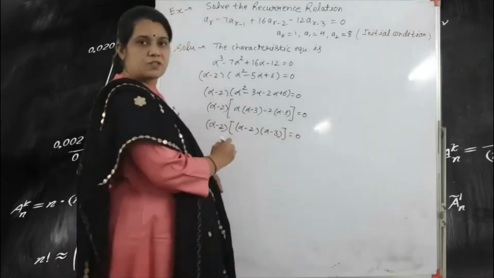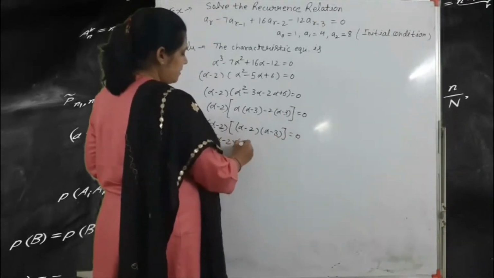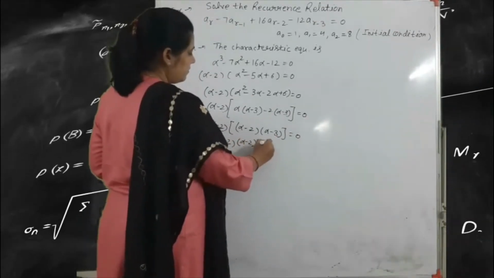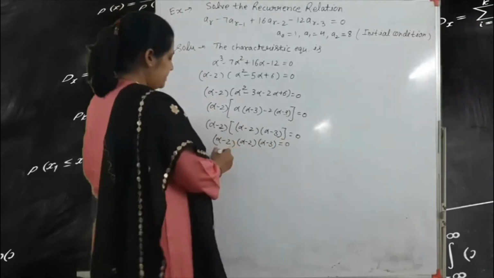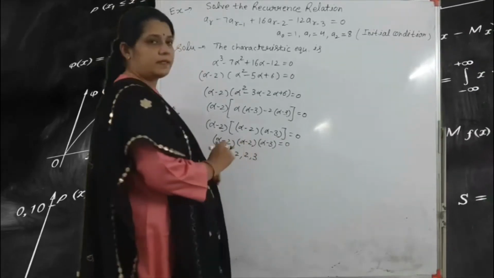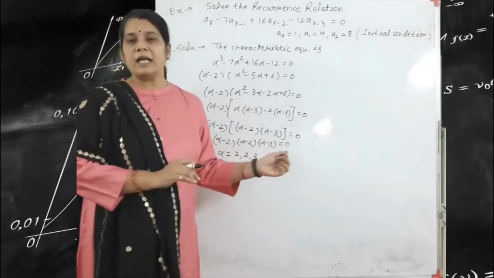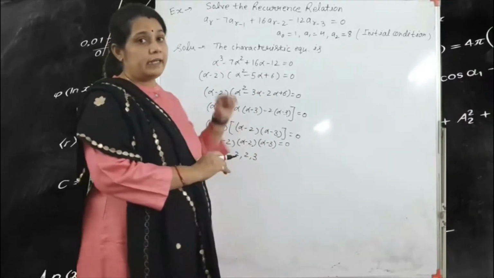That means we have the 3 factors: alpha minus 2, alpha minus 2 and alpha minus 3 is equal to 0. That means the roots are alpha equal to 2, 2, 3. So with the help of these roots, we write here the a_r^h.